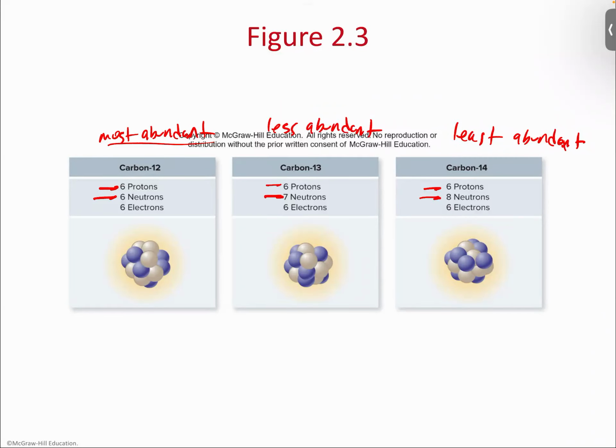This is true of isotopes throughout nature. If I take a sample of carbon from nature, I get all three in their relative proportions. The lion's share is carbon-12, with a little bit of carbon-13 and a little bit of carbon-14.